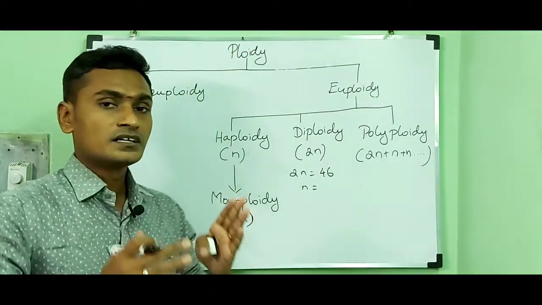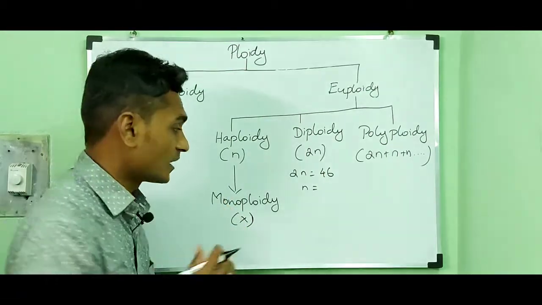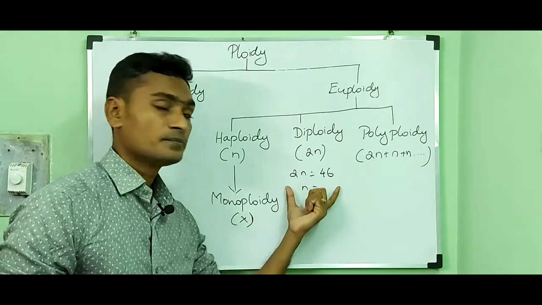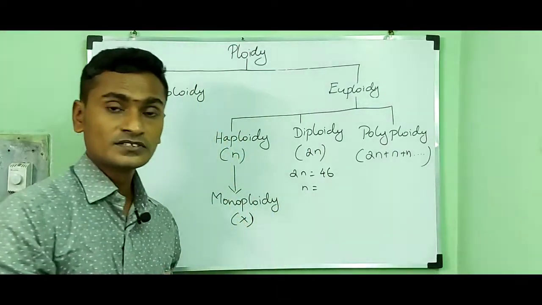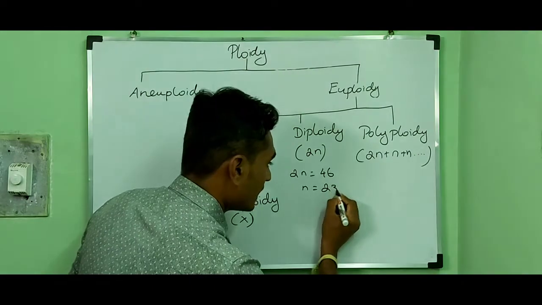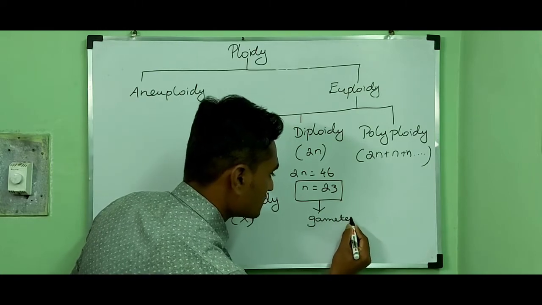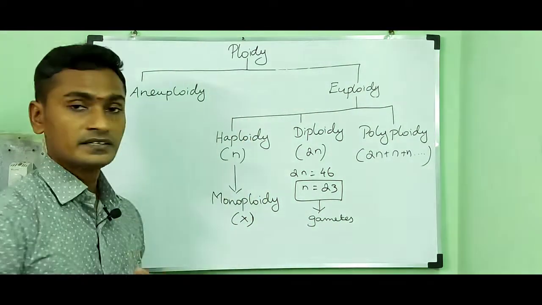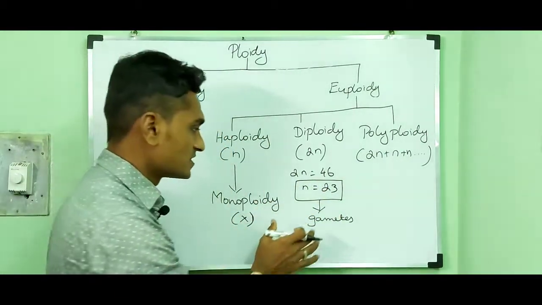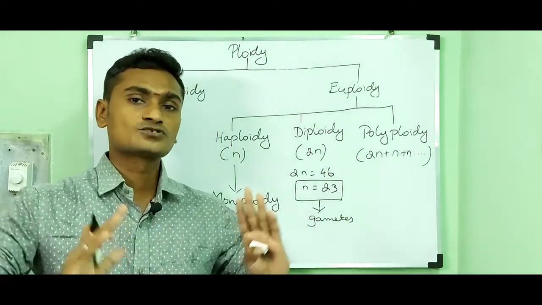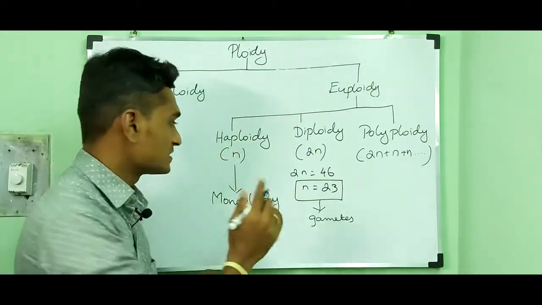Half the number of somatic chromosomes are referred to as gamete chromosomes, and they are called gametes. That condition is called haploid.